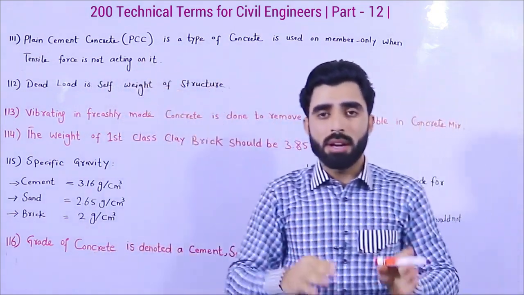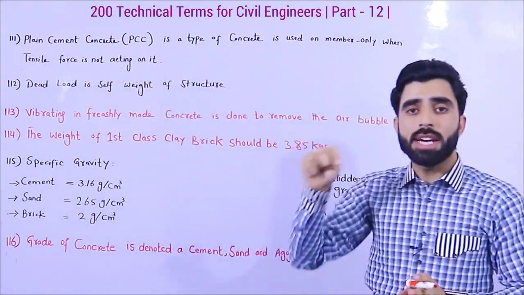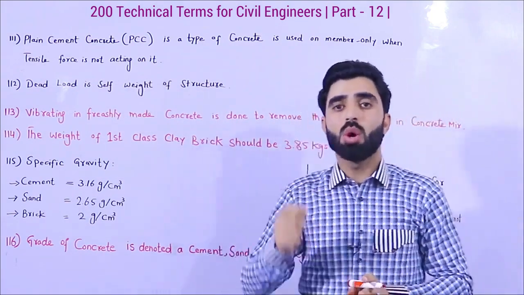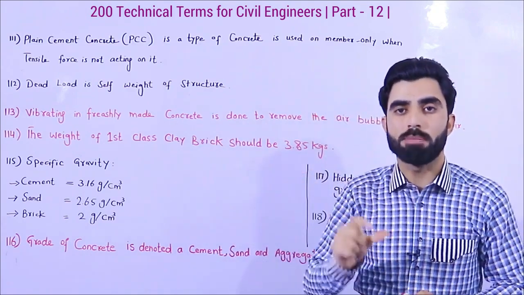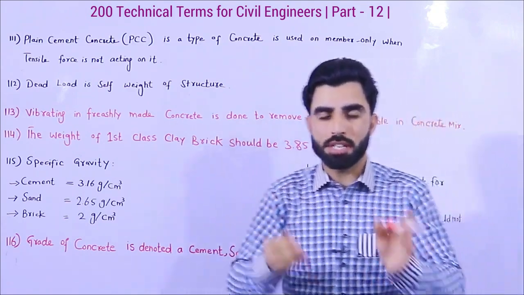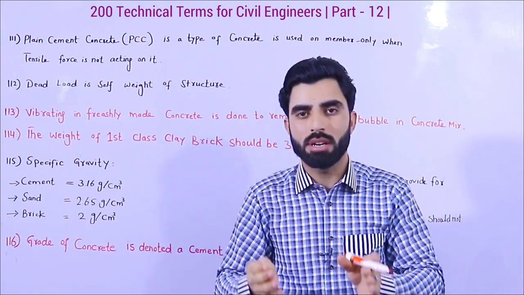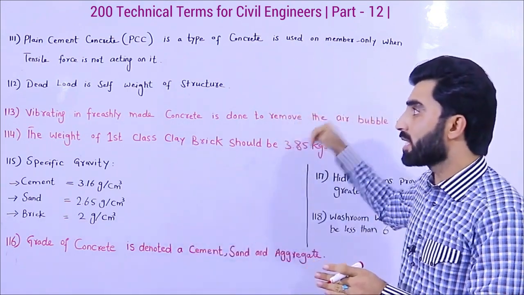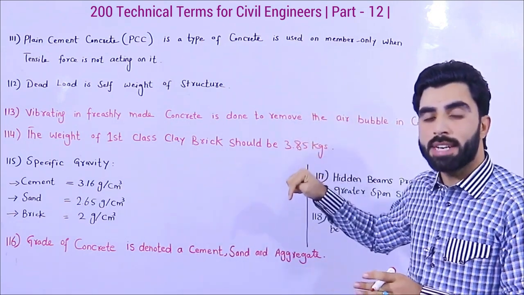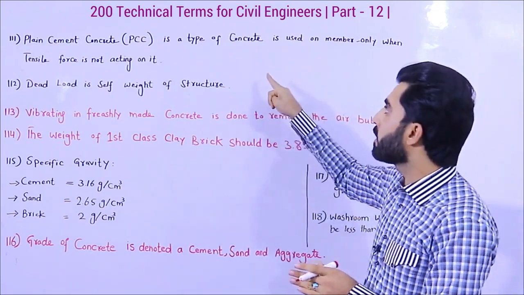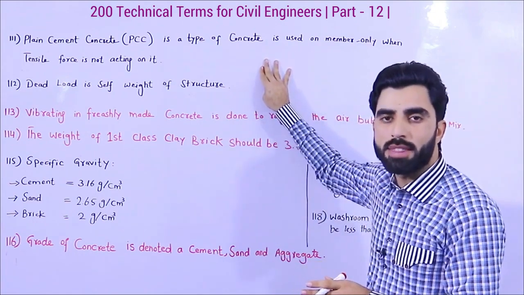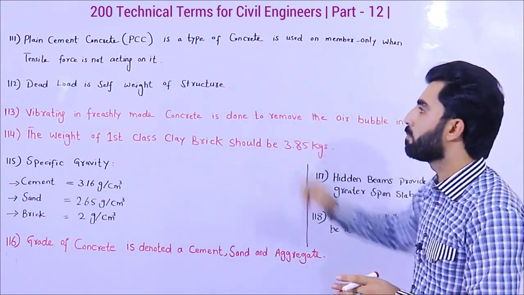When tensile force is acting on any structure, especially a concrete structure, don't use PCC, because concrete is strong in compression but weak in tension. So if tensile force is acting on the member, PCC should not be used in that structure. Okay, so this is very important.